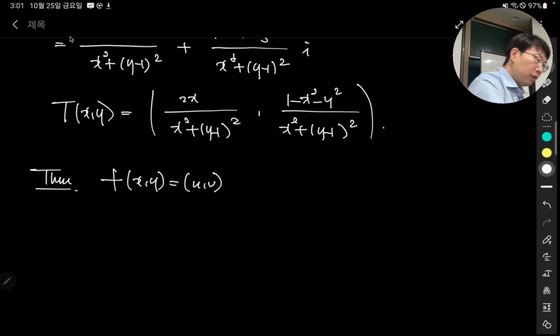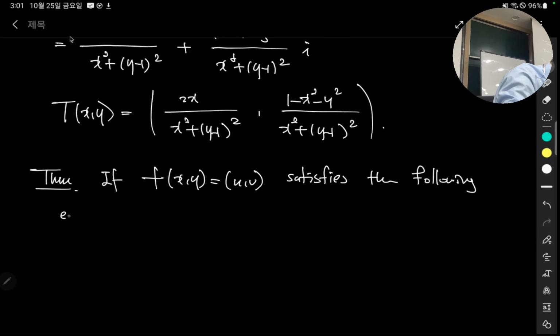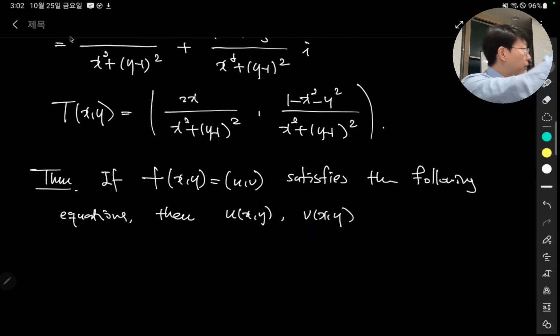If this function satisfies the following equations, then u(x, y) and v(x, y), which are both real-valued two-variable functions, are harmonic functions.